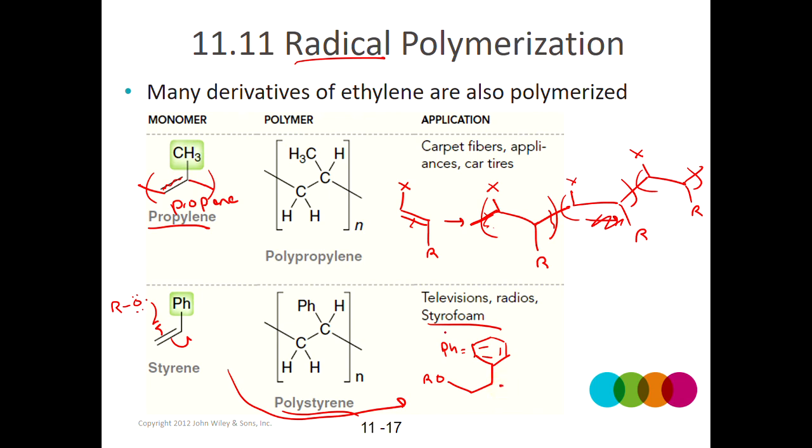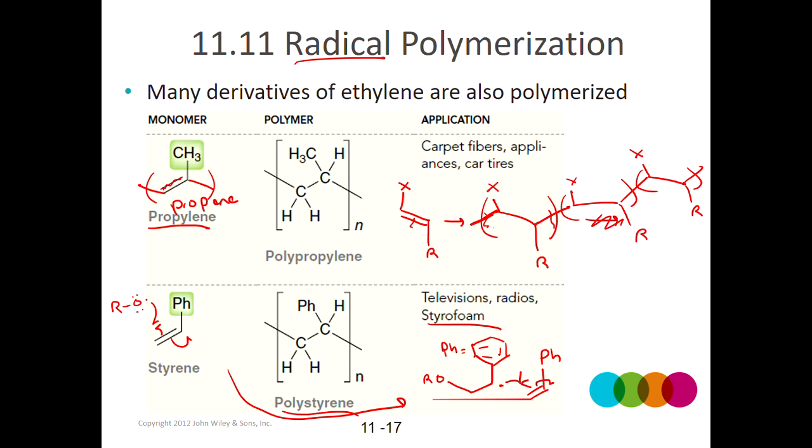So what's nice about styrene is it polymerizes very readily. It forms a free radical at the end of the chain that's stabilized through resonance. And then the next unit adds in the same way, producing another free radical that's still at the end of the chain as the chain continues to grow.